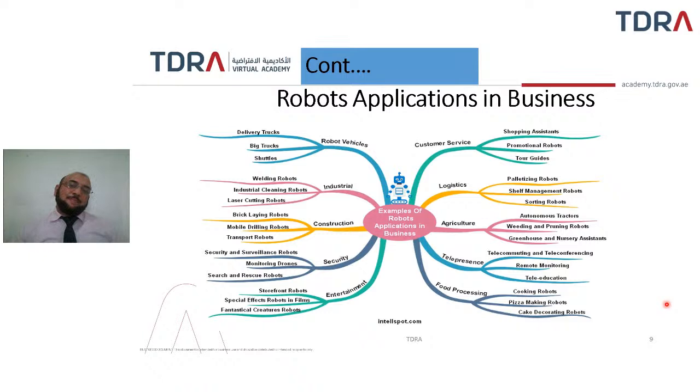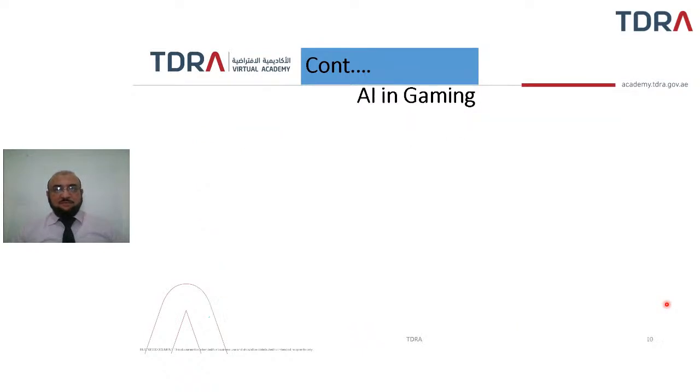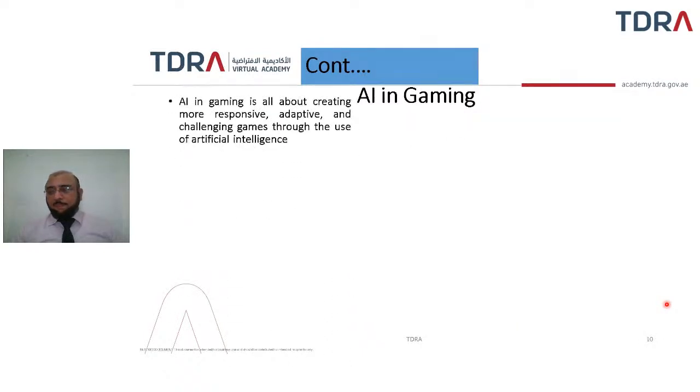So AI is emerging as the biggest revolution, in our lives, in industry, in businesses, in every aspect of life. AI is involved.